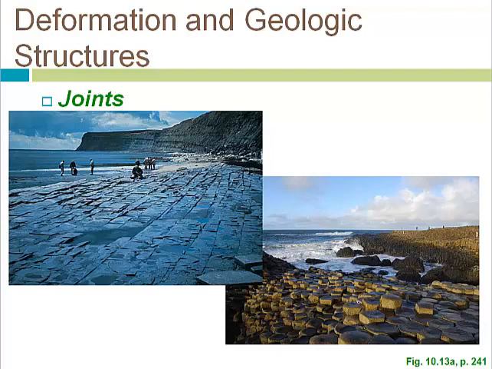This is basically where lava cools in such a way that it produces these joints in the rocks, which are the same basic figure. They're usually six-sided, and they look basically the same.